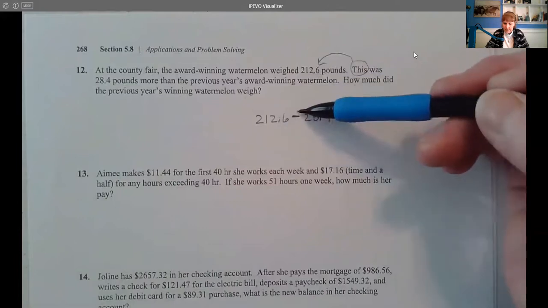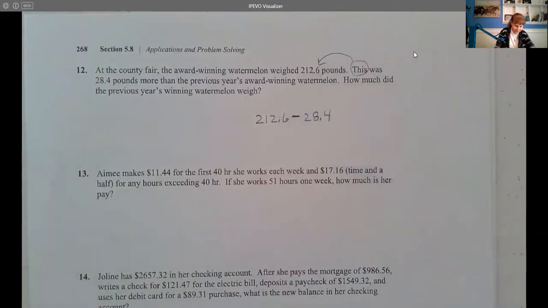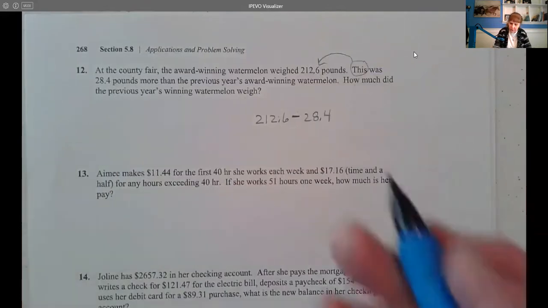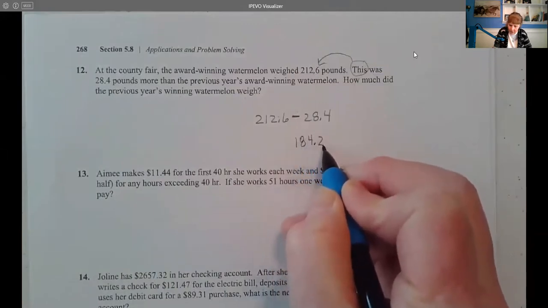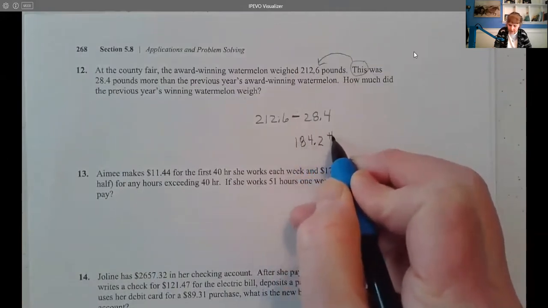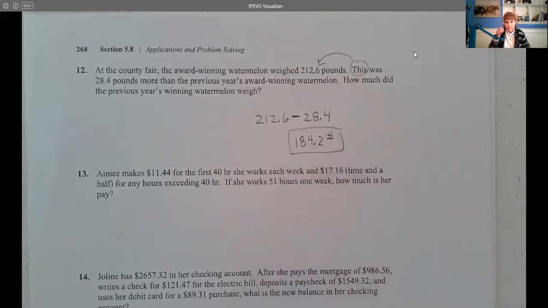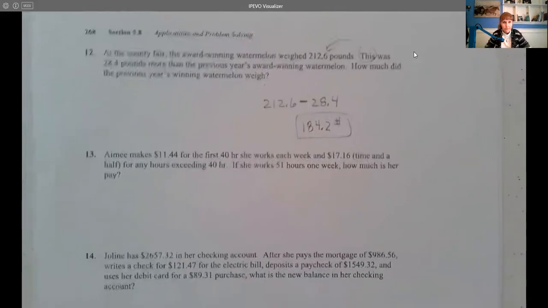So you take this minus 28.4. 212.6 minus 28.4. So the previous year was 184.2 pounds. I'll just use that symbol for pounds. That would be the answer. So reason through, did you want a smaller number? Did you want a larger number? You should be able to tell whether or not you're dividing or multiplying as well. But let's keep practicing a few more.